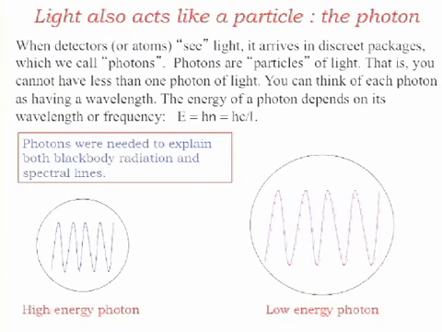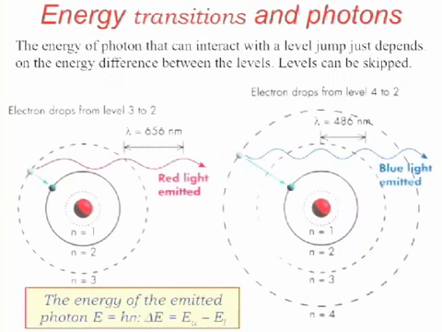When you have atoms, if it makes a transition, say, from n equals 3 to n equals 2 in hydrogen, that turns out to be an emission of 656 nanometers, and that is red.